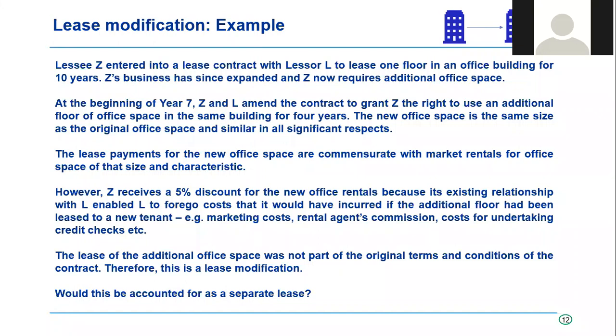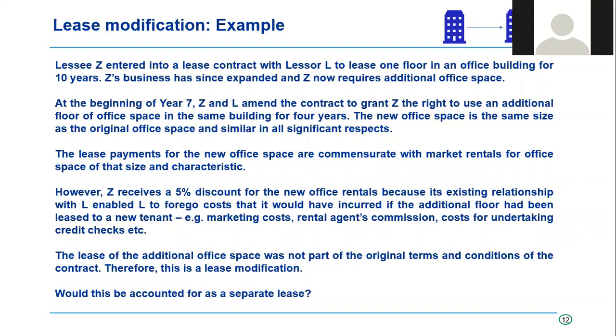This 5% discount is a reflection of that piece of the transaction which the lessor would have otherwise had to incur. And one would therefore conclude in this case that the lease rentals are commensurate with what a similar property would have fetched. And that therefore means that the additional floor gets recognized as a separate lease.